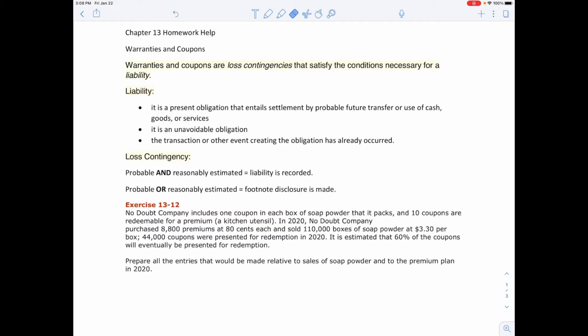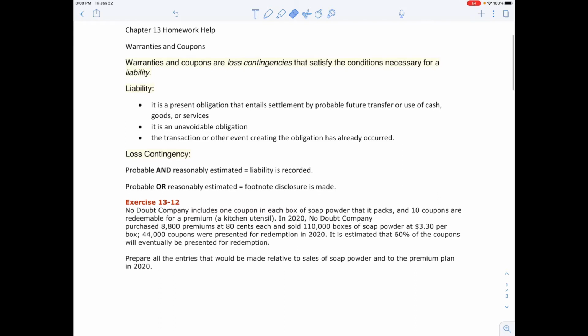Now, if it's only one of those two options, maybe it is probable but we don't quite know what that figure is, or the other way around, we're not sure it's going to happen, then we just footnote that disclosure, but we don't do any journal entries to record that transaction. So let's go through one of your homework problems.